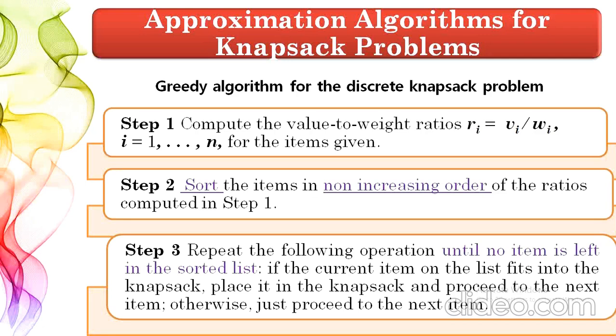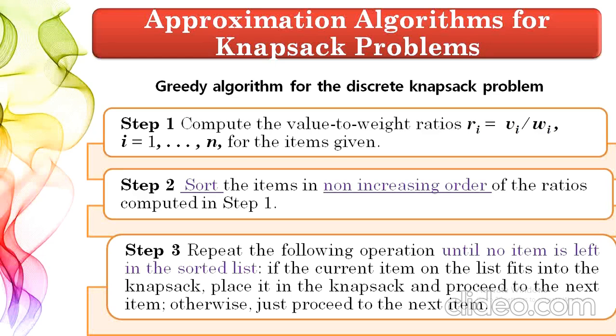Here we have 3 steps. In the first step, you need to compute the value to weight ratio. The formula for the value to weight ratio is R equals V divided by W. Each and every item will have a unique corresponding value as well as a corresponding weight, and based on that value and weight, we compute the value weight ratio.